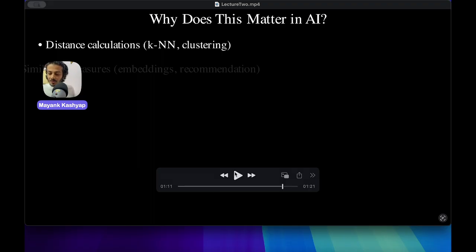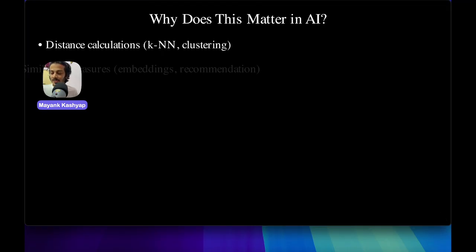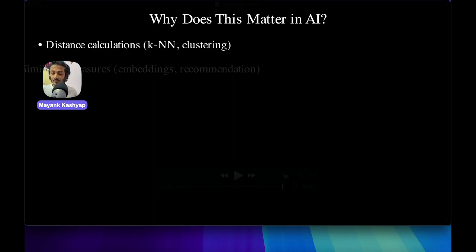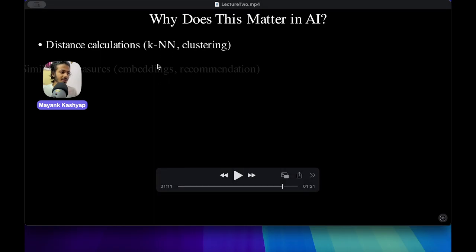If you have any idea about clustering or k nearest neighbors, you'll get that there it would be useful for calculating the distance, Euclidean distance and Manhattan distance, Euclidean basically, for visualizing the clusters or creating the clusters.